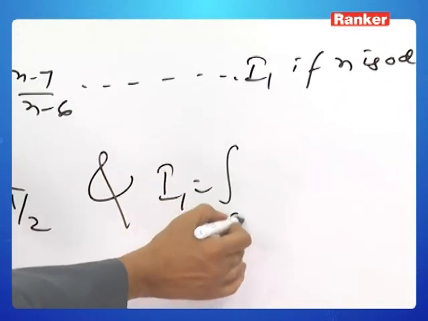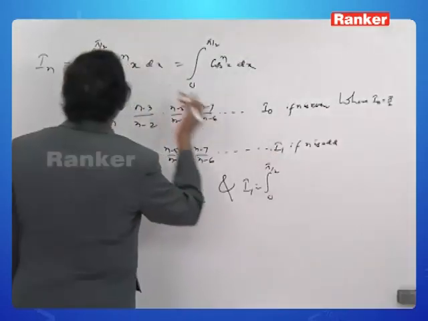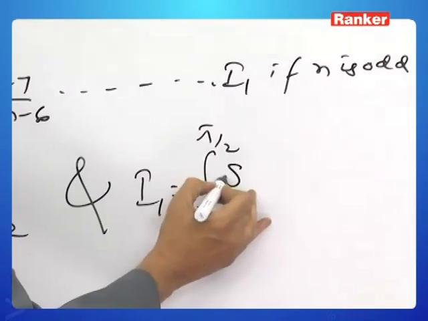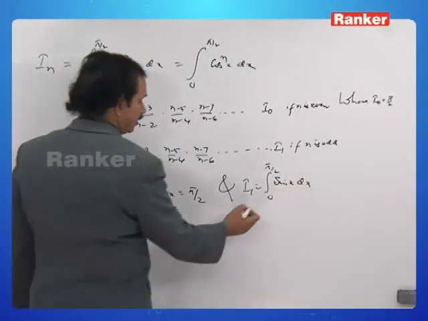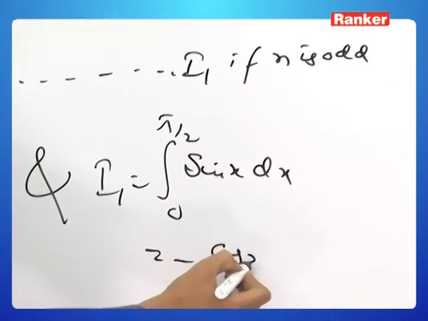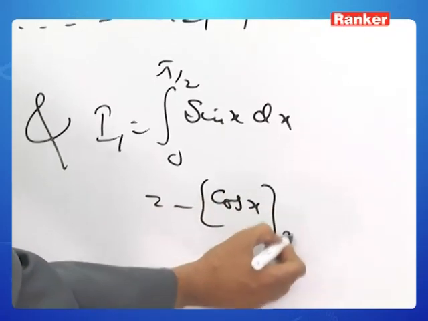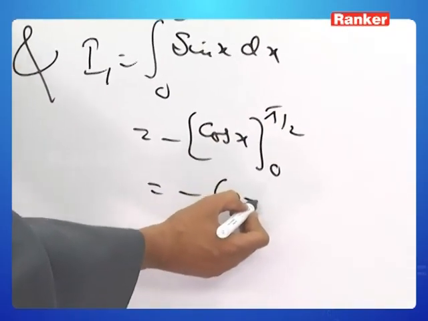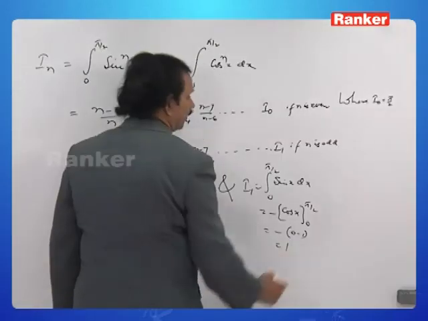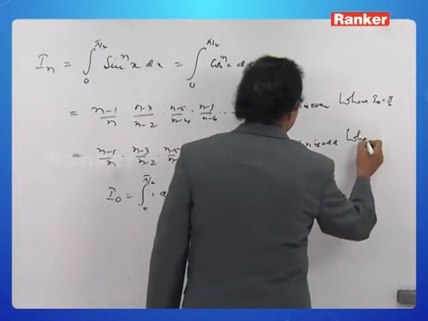I1 is integral 0 to pi by 2 sin power 1x is sin x. What is integral of sin x? Minus cos x between the limit 0 to pi by 2. Cos pi by 2 minus cos 0. So 0 minus 1, so I1 is 1.